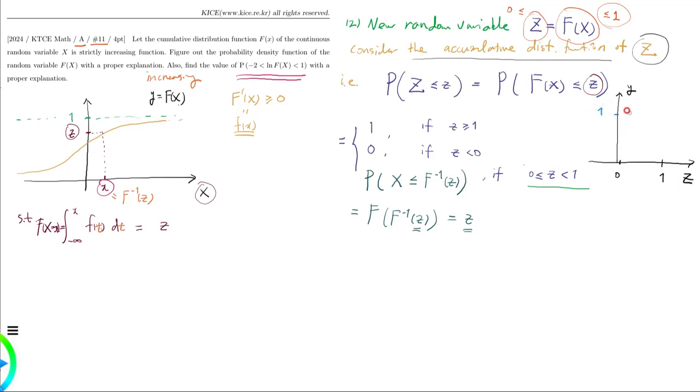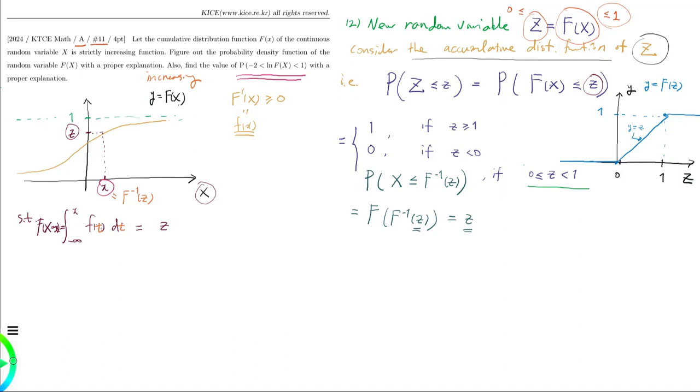This is linear, so when it is 1, it takes value of 1, and when it's less than 0, capital Z's value is 0, and between 0 and 1, it's y equals z in this part, okay?